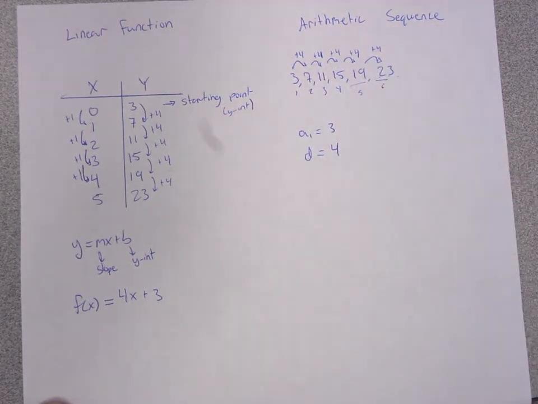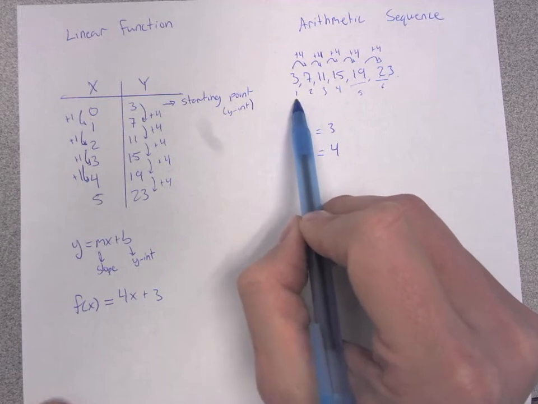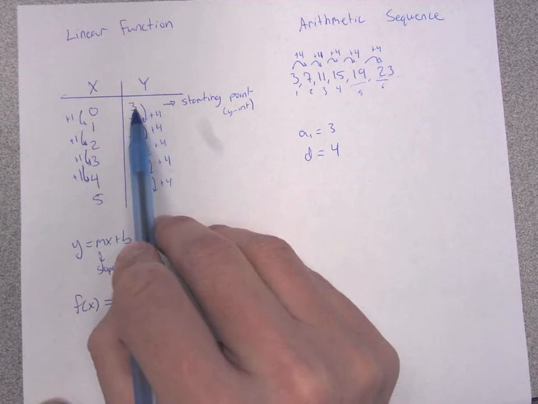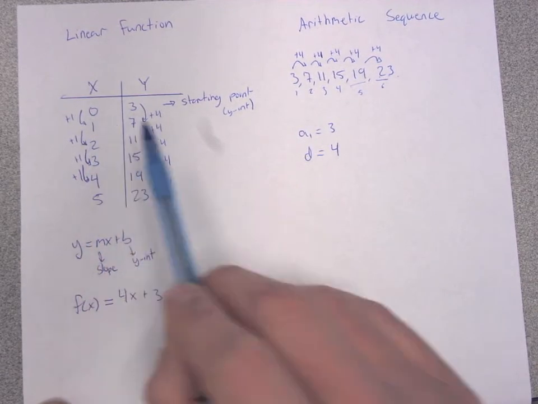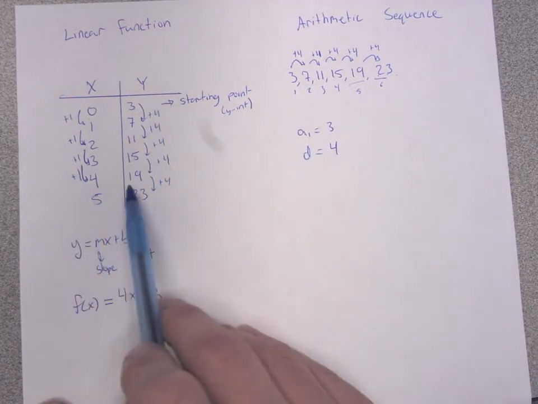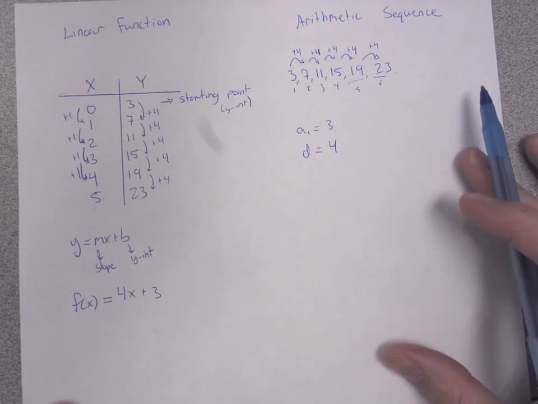It's 1 less. The reason why that happens is because here, notice that I'm starting at 1. So I have this 1, 3. Here I have 0, 3. The starting point for a function is the y-intercept, but the starting point for a sequence is the first term. Functions start at 0, sequences start at 1, and so we see some funky stuff going on.